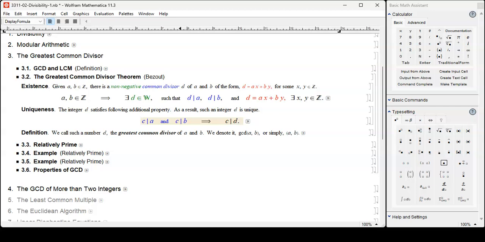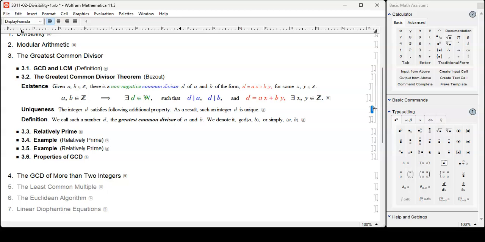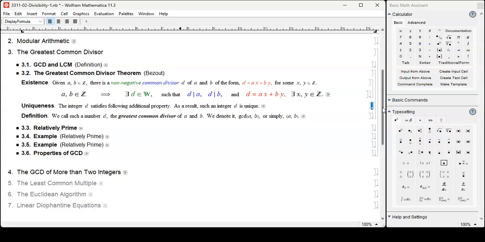Any common divisor of A and B divides D. So D is basically the least common multiple of all the common divisors of A and B, as a matter of fact, and that detail is left to the students. Okay, so much for the GCD and Bezout's theorem, at least for the time being.